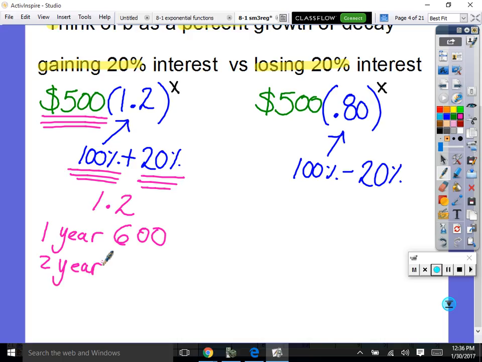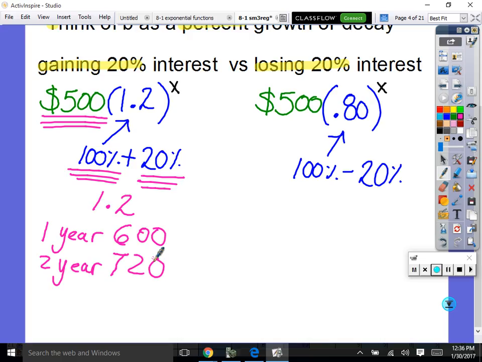So you would type 500 times 1.2 raised to the second power. How much money are we going to have in 2 years? 620? Oh, 720. So do you see how this is working, guys? Okay, so this 1.2 meant 120%. 100% plus 20 more. So really it just meant 20% more. Does everybody understand? Okay, so look right here.